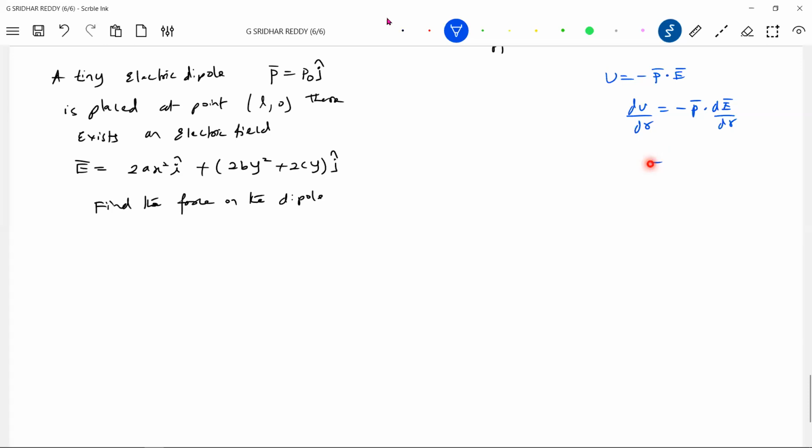So there should be a minus: minus of dU by dr equals F bar equals P bar dot dE bar by dr. To get the x component of force, you can write P bar dot dE bar by dx. To get the y component of force, P bar dot dE bar by dy. If there is a z component of force, P bar dot dE bar by dz.